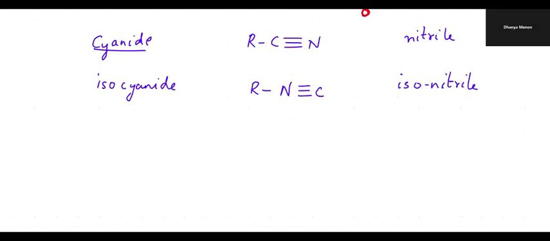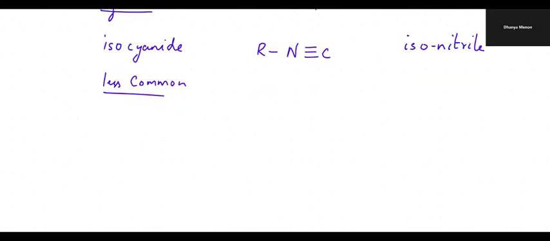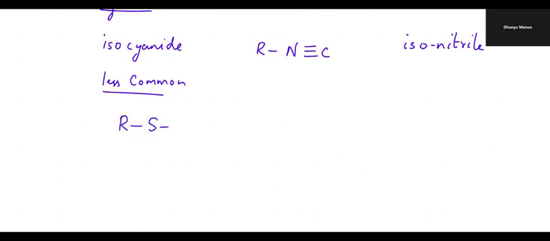Now I'll give you some less popular or less common groups. But you have to know them, in case they come up. It is RSH. I'll tell you a way to remember this.